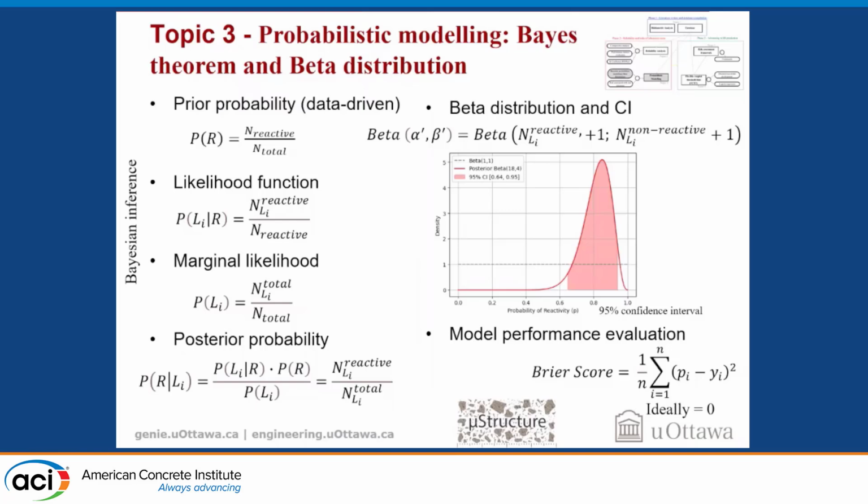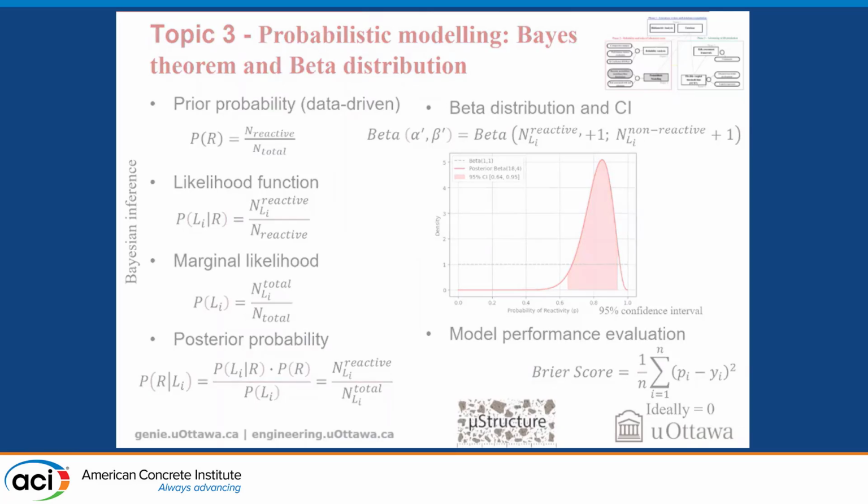And we decided to plot all of that in what we call a beta distribution, and we try to compute a Brier score, which will be the score of how well the computations were, ideally close to 0 if they were very well computed, and close to 1 if badly computed.